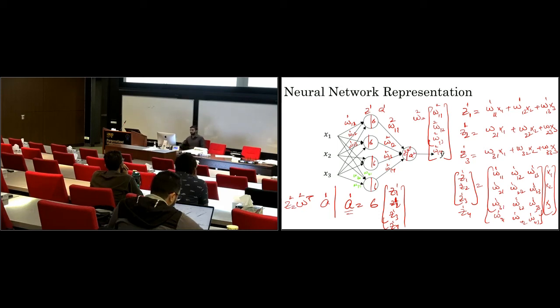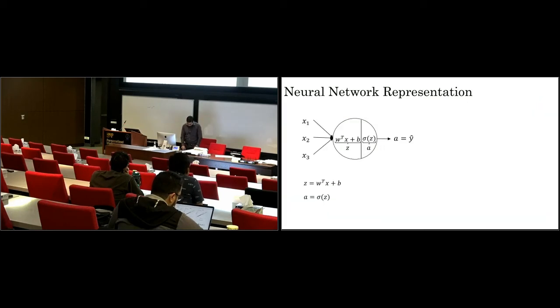Any questions there? Any confusions? Just a simple vectorization of the process. Okay? Vectorization is important because otherwise you cannot keep track of each individual weight. It's good to do it in matrix form. It's very compact and it's easy to keep track of things in the forward pass and backward pass.